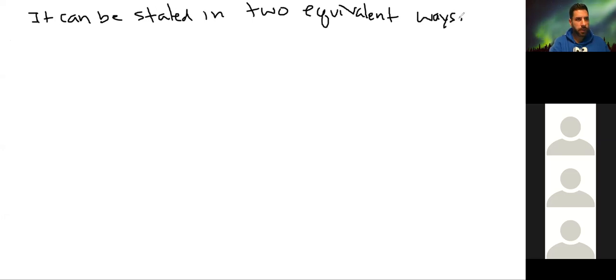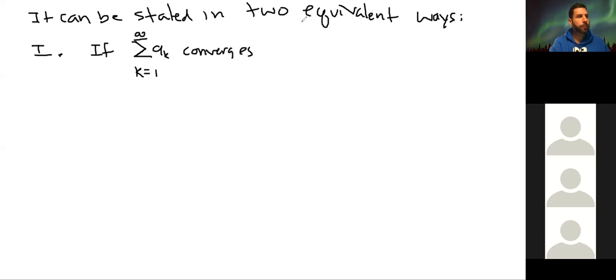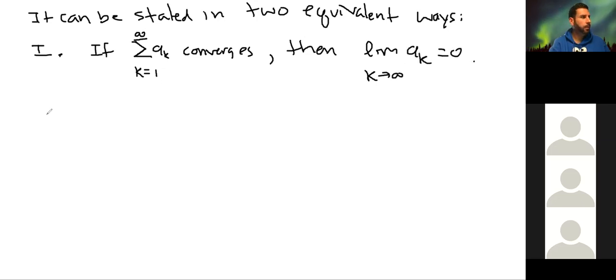One way you can say it, which is the easy way to prove it. The first way is if something converges, if this guy converges, then the terms go to zero. So there's some logic hiding in here.